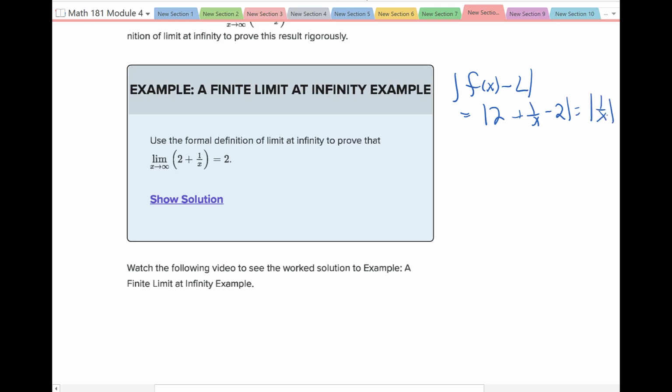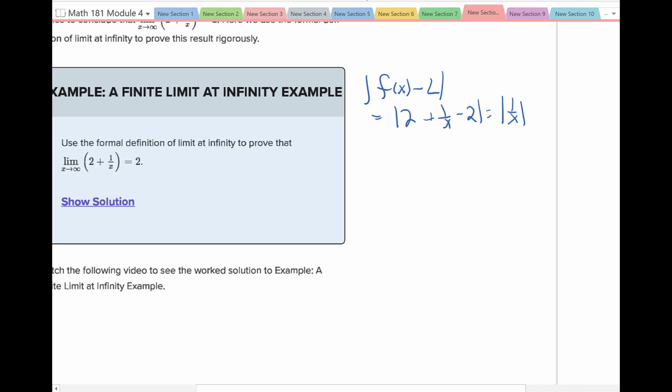And so then that's going to have to be less than epsilon, like 1 over n this way.